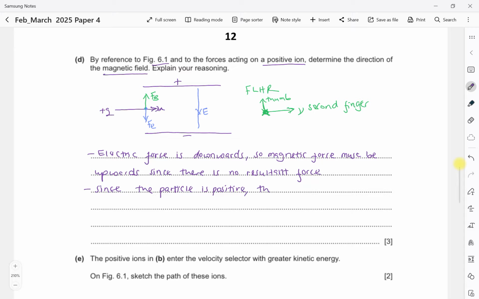The current is from left to right, of course, perpendicular to the magnetic field.